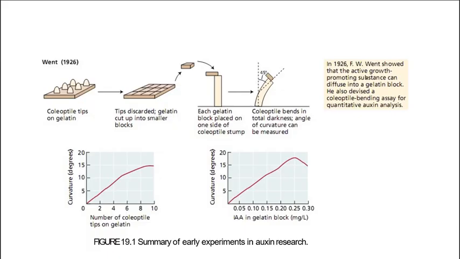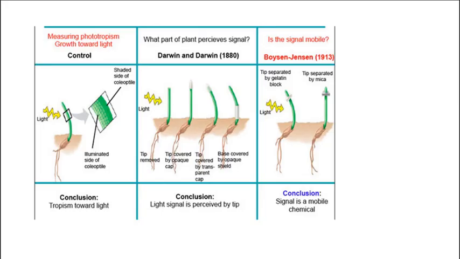So if this is a coleoptile, and I say this is the light region and this is the dark region, and the mica is placed in the light region, the dark region is unaffected, so the bending will occur because the growth occurs in the dark region.